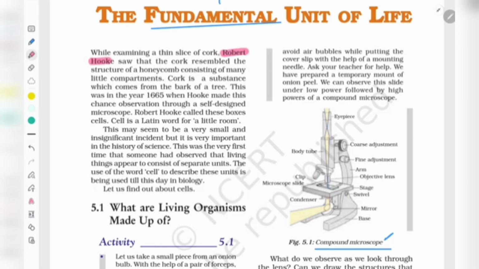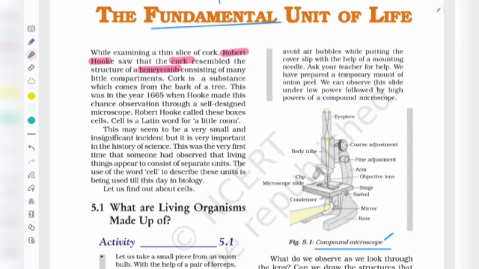So Robert Hooke, for the first time, saw that there are some honeycomb-like structures present in the cork. So what is cork? Cork is actually just the bark of the tree. So when Robert Hooke saw this cork under the microscope, he saw these honeycomb-like structures, and then he told about the fact that there is something present at the microscopic level. Although the cell Robert Hooke was talking about was a non-living cell.